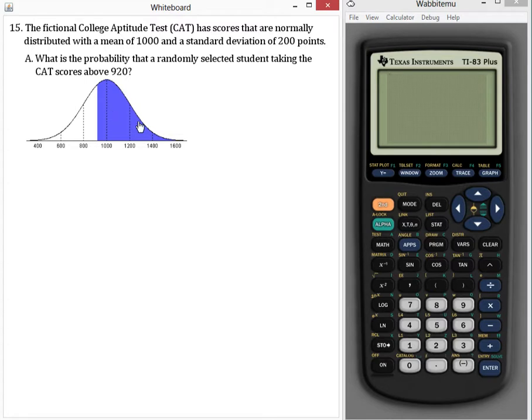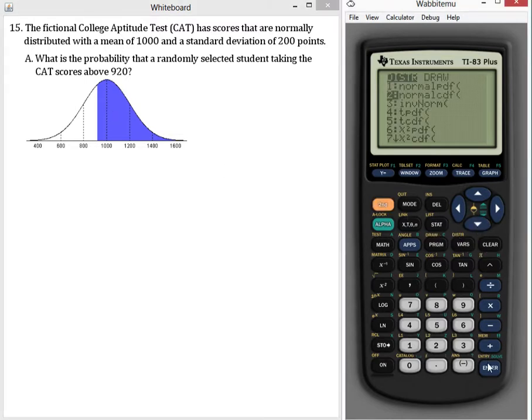So, to get a normal probability, I use the normal CDF function, going from my lower endpoint, which is 920, to my upper endpoint, which I don't really have because it's going on forever. Just put in something like 10,000. That'll be fine, something large enough to represent positive infinity.